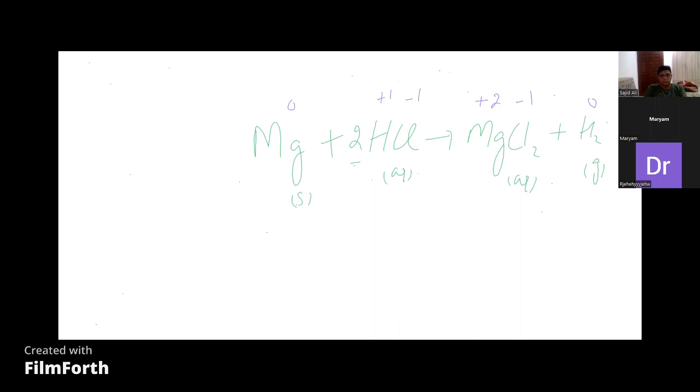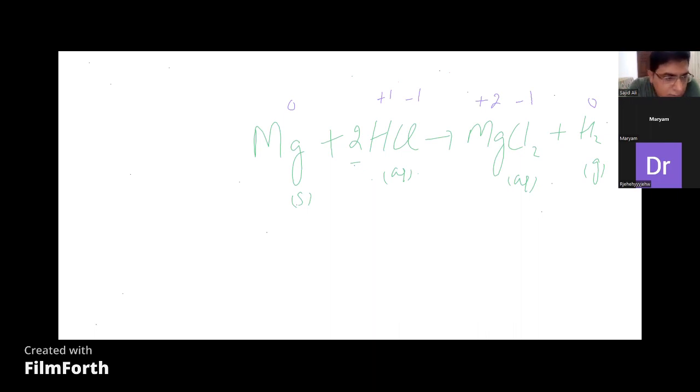This is also why there's H2 at the end, because the reactants are two HCl functions. Okay, Abdullah.